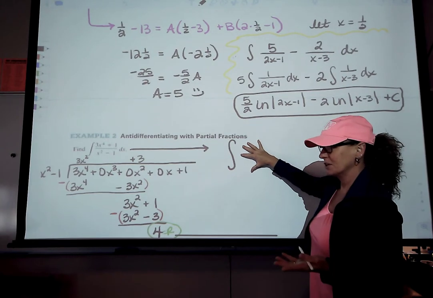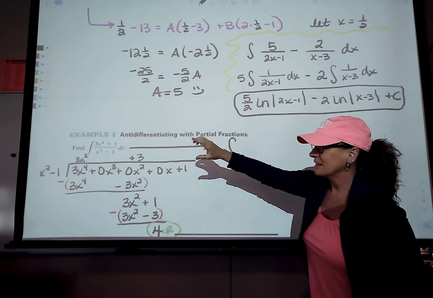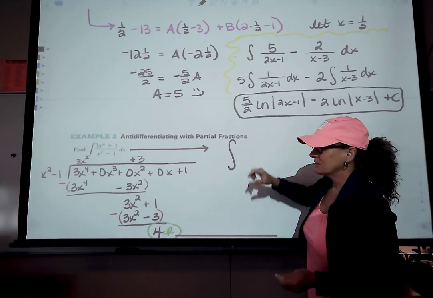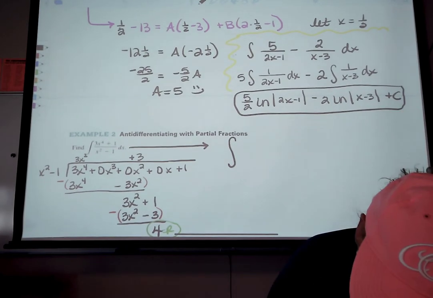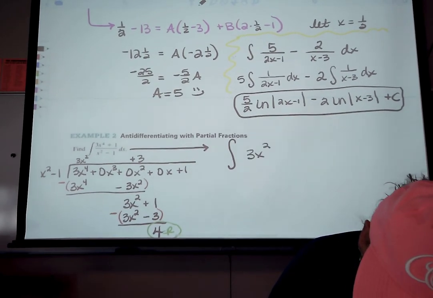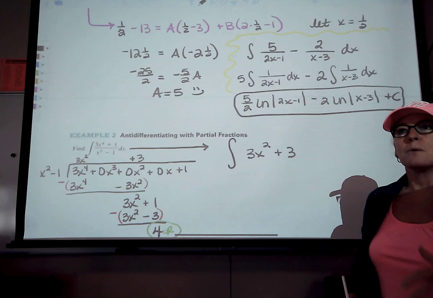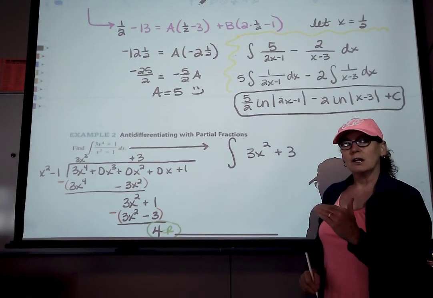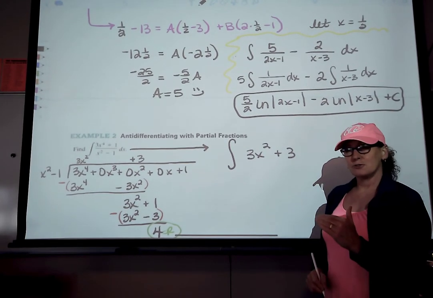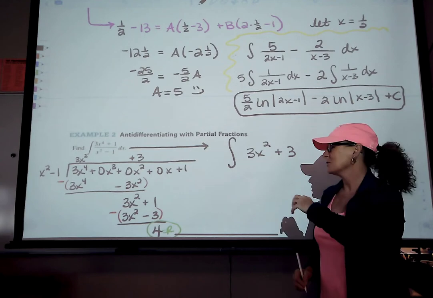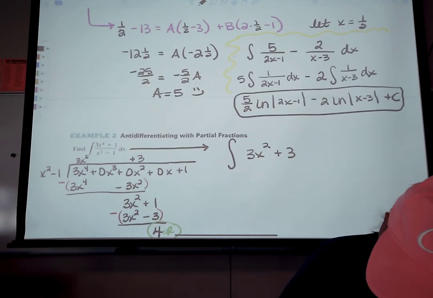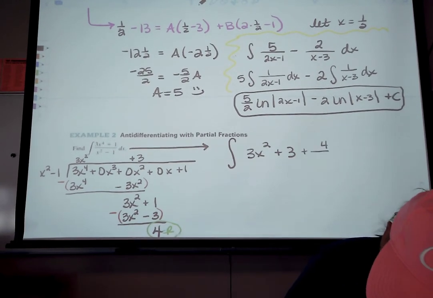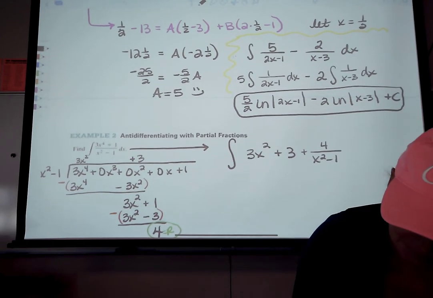I did the division. So those two things divide and give me a result of 3x squared plus 3, plus I have a remainder of 4, and remember how you write your remainders? You do plus 4 over what you were originally dividing by.